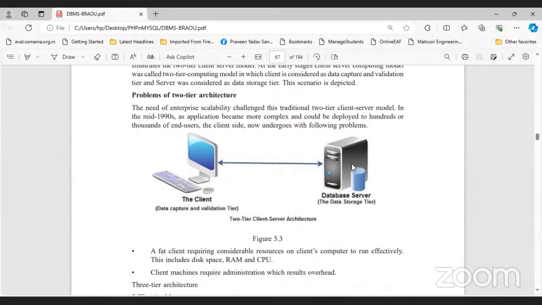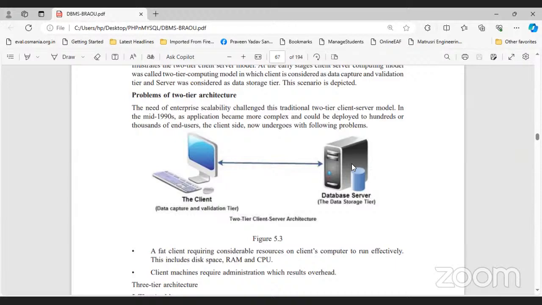The Amazon server is not included in my system. It is somewhere else, I don't know where. But using the internet, I am communicating with the Amazon server and buying things. So my laptop is the client and the Amazon system is the server.